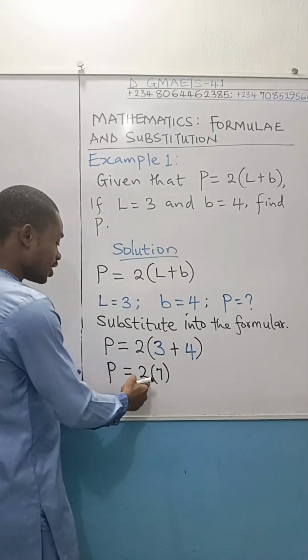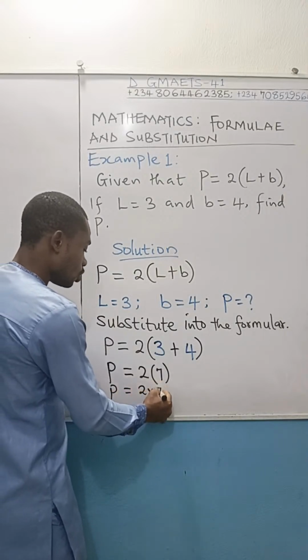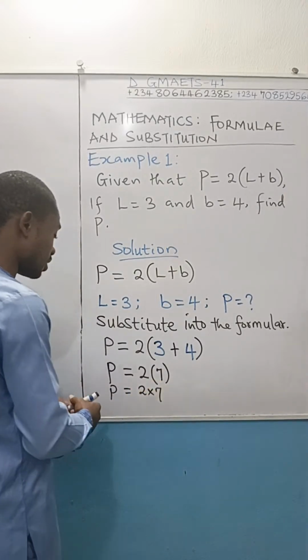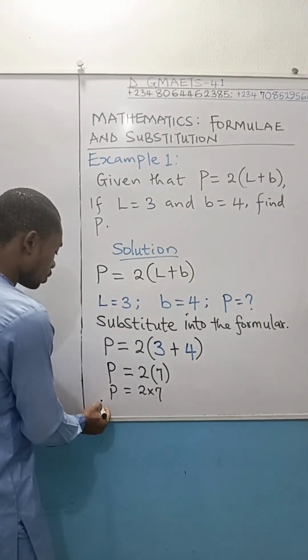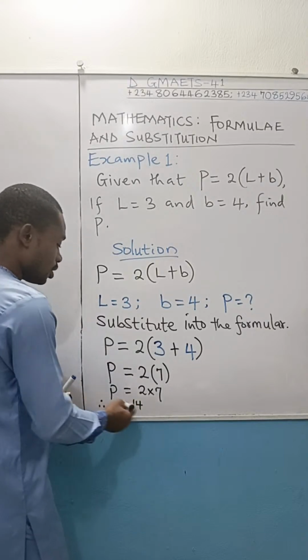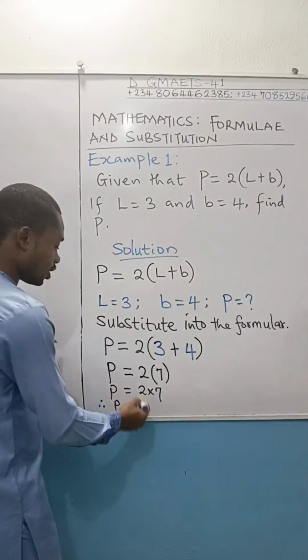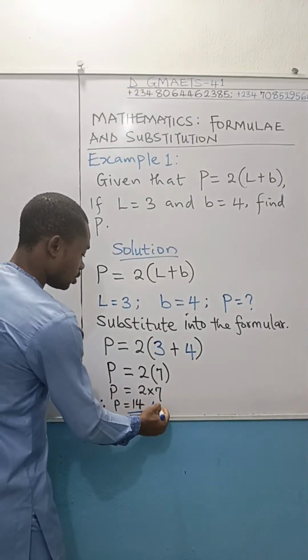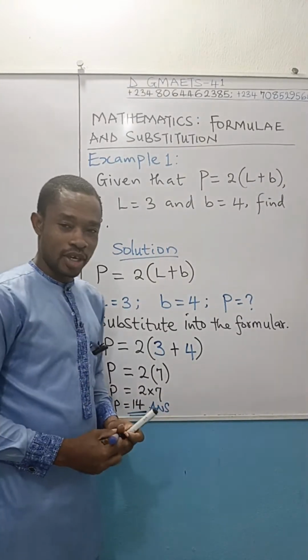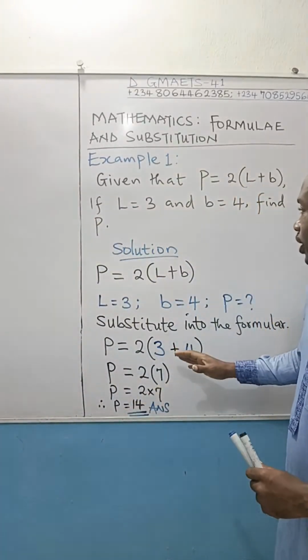What you are seeing here means 2 times 7. 2 bracket 7 means 2 times 7. Therefore, P is equal to 14, because 2 times 7 is going to give you 14. And we have gotten the value of P. Very simple. We have gotten the value of P for this question.